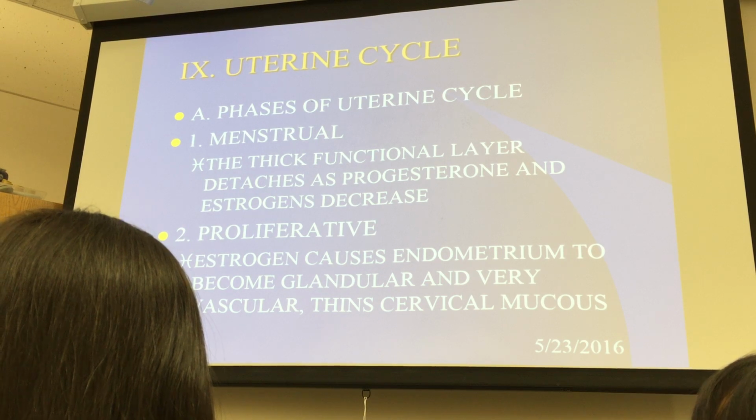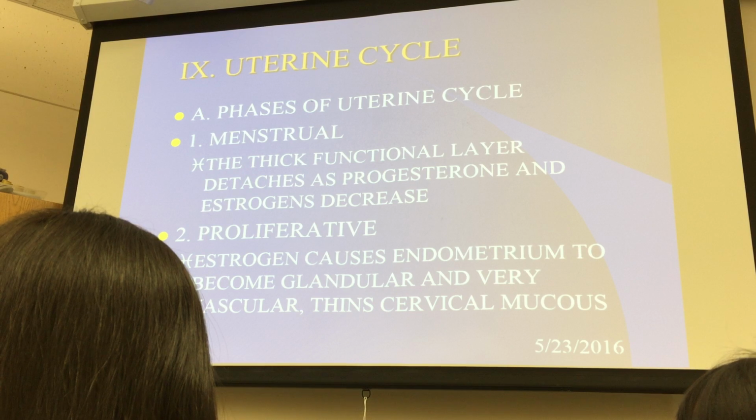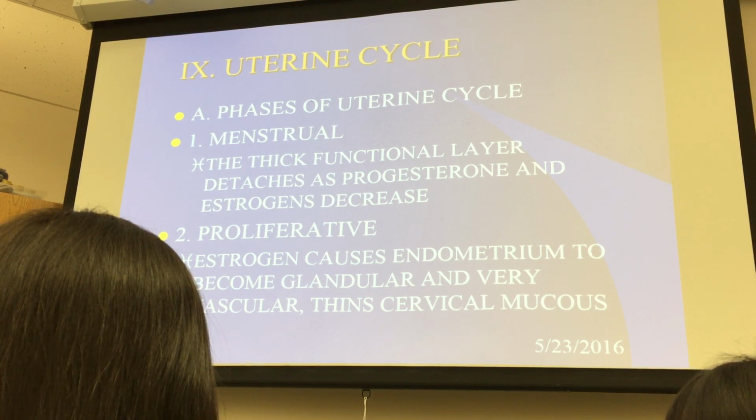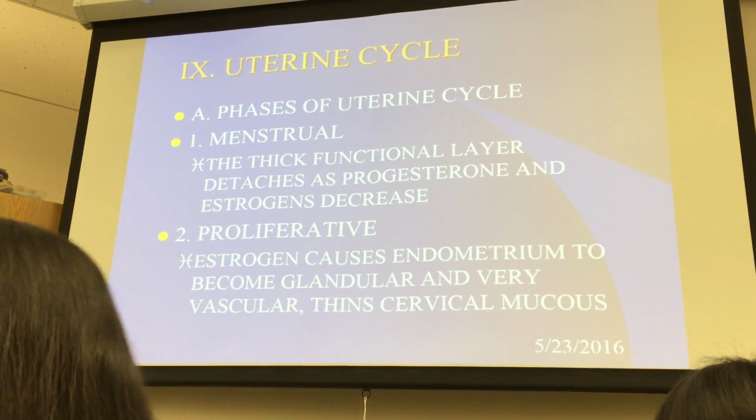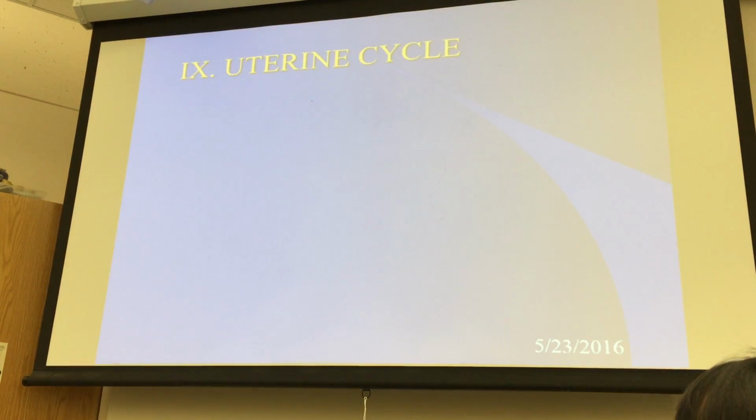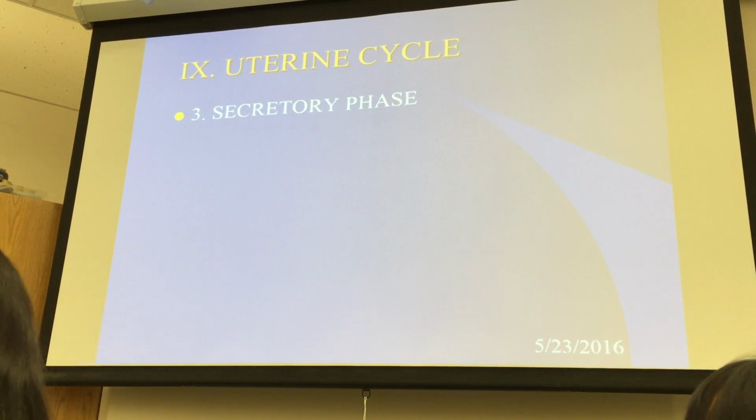If we're talking about a 28-day cycle, 0 to 5, menstrual, all right? Sloughing off, 0 to 5. Then 5 to 14, proliferative. 5 to 14. Secretory, 14 to 28.